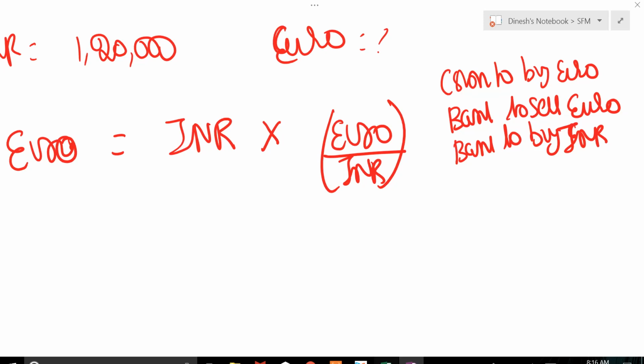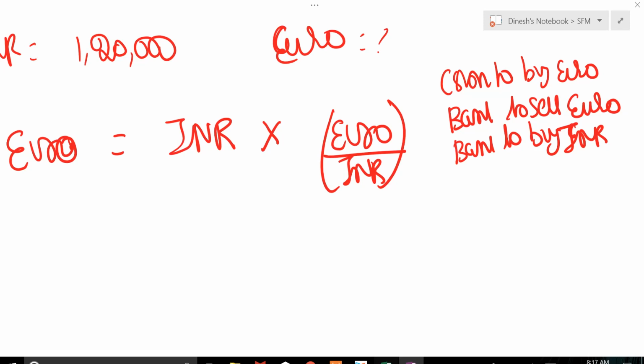If they want to buy it, they'll use the bid rate. If the bank wants to sell it, they'll use the ask rate. Any doubts on this? Bid rate or ask rate will depend on the denominator currency and what the bank is doing with it. In this question, the customer wants to buy euro. If the customer wants to buy euro, the bank wants to sell euro.